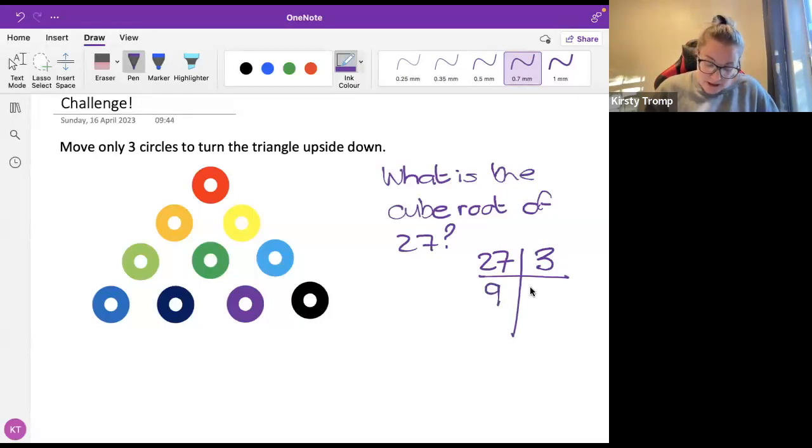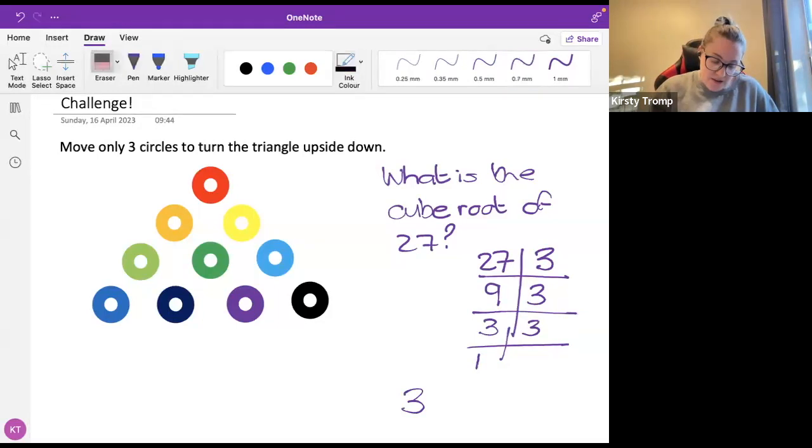Can we divide 9 by 3? Yes, we can. Can we divide 3 by 3? Yes, we can. That means the cube root of 27 is going to be 1. Careful, not 1. It's going to be 3, because 3 times 3 times 3 is going to give you 27.